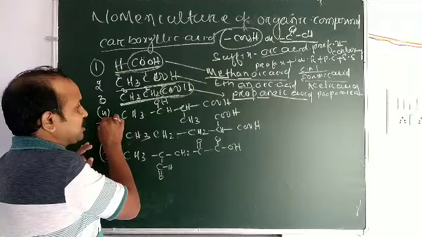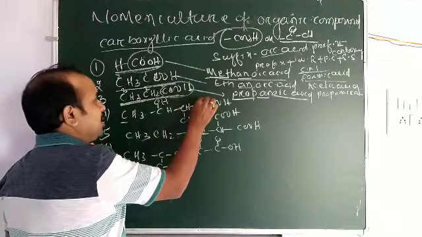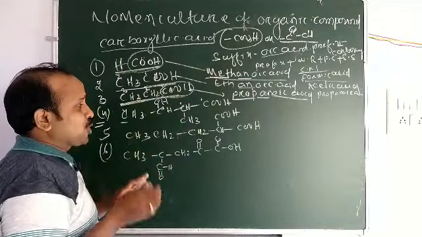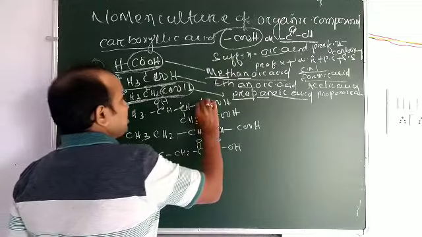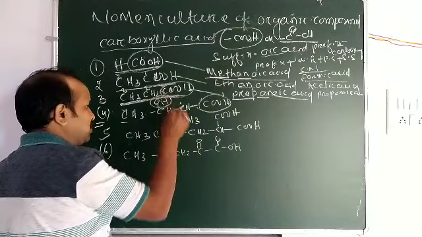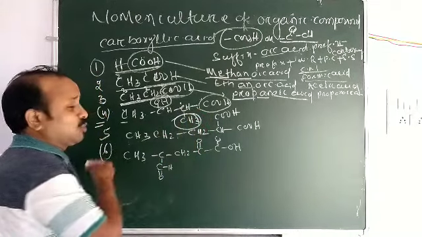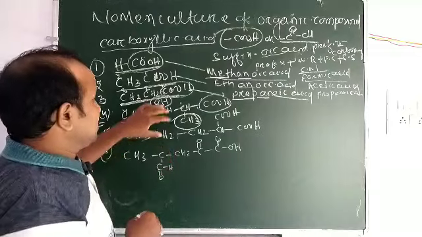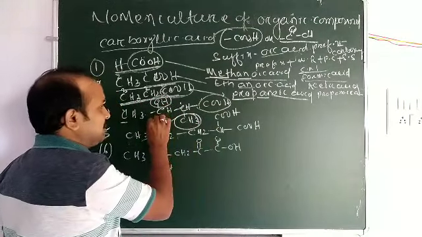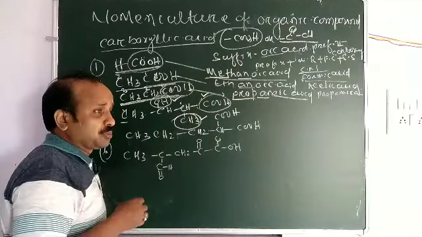Then the next organic compound. In this organic compound, how many carbons? 1, 2, 3, 4. Which are the functional groups? This one is a functional group. This is also a functional group, and this is the substituent group, meaning the alkyl group. There are 3 things attached to the carbon chain: 2 functional groups and 1 substituent group.